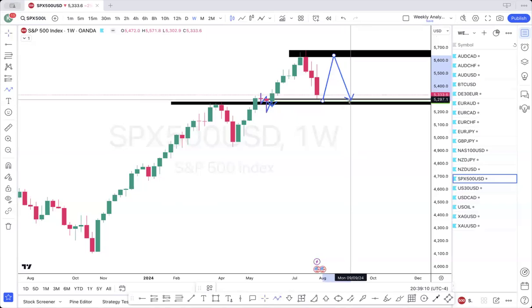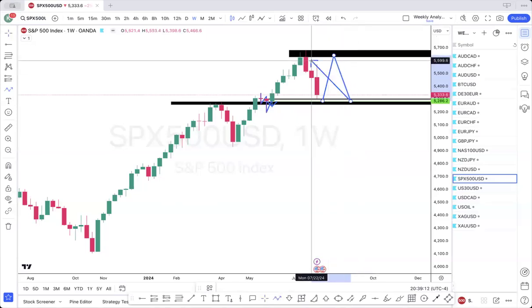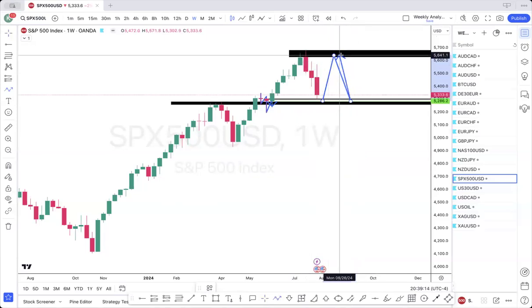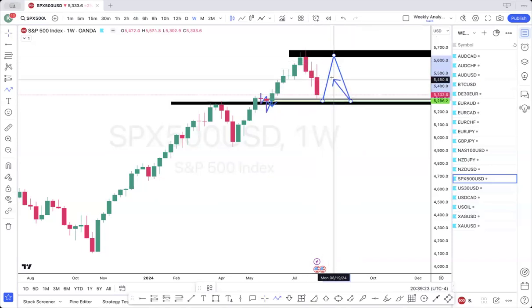Price is either going to push back. I mean, there's a higher time frame order block. So I can see it pushing up there, pushing back down, depending on what we get here, which would likely be another order block from this order block.